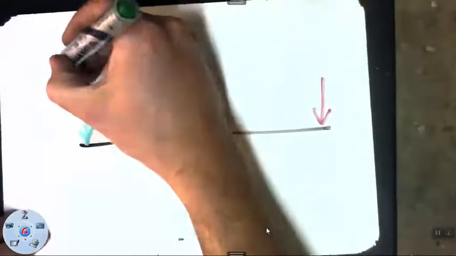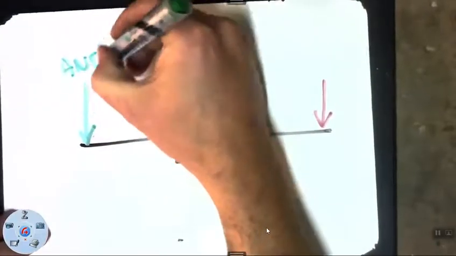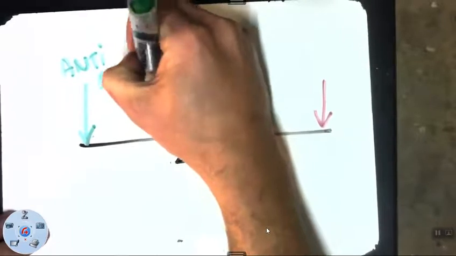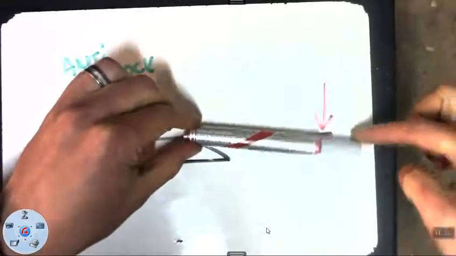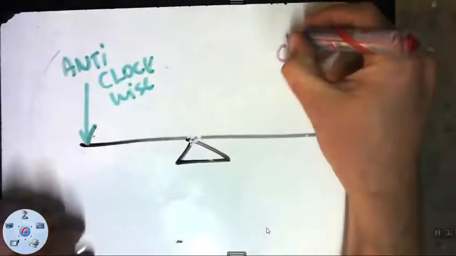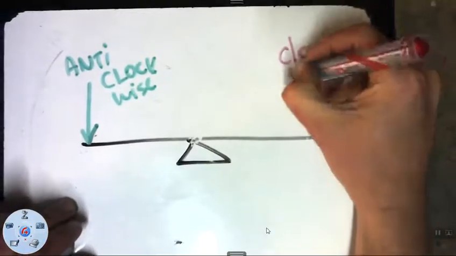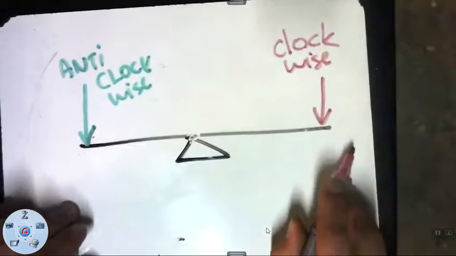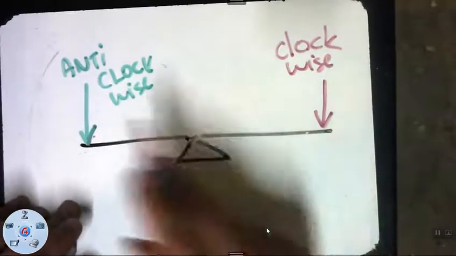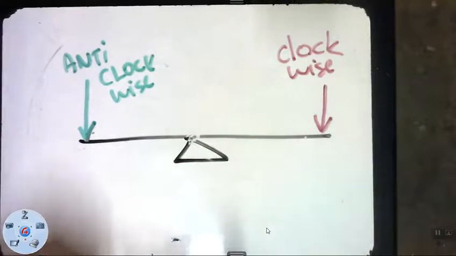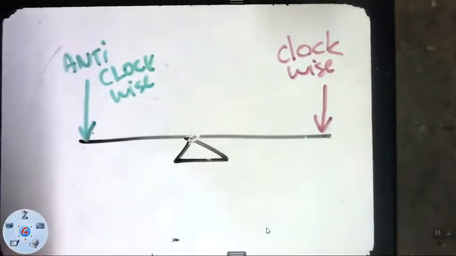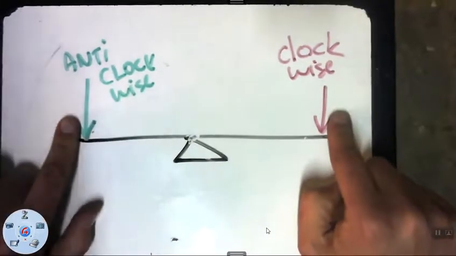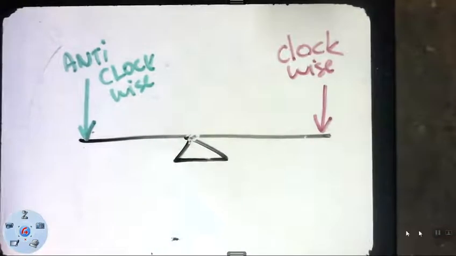So this one is anti-clockwise, and therefore on this side, if we push it down, this one is clockwise. Now, if you guys know a seesaw, this can even balance each other, and that would be what we call a system in equilibrium, when these two moments balance each other.